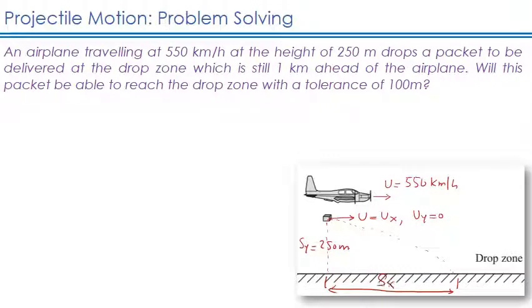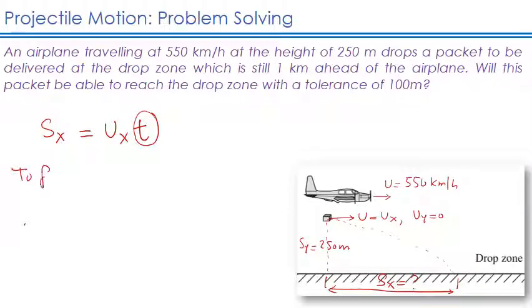It means you are asked to find what is Sx, and Sx you can find with this equation, ux into t. There is no other equation which you can use to find the horizontal distance. So for that you need the time. So this is the time to fall.